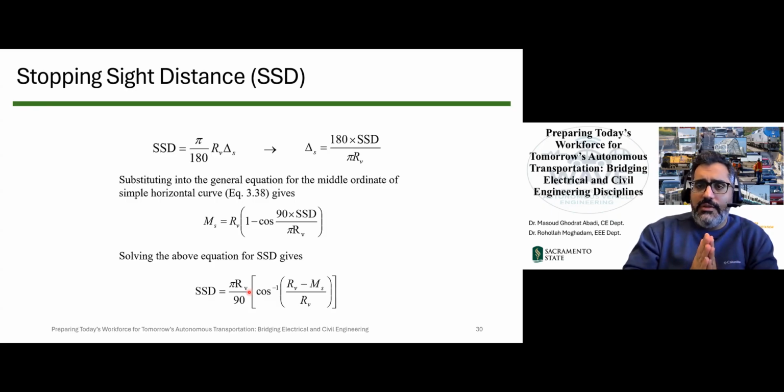This was also a very, very basic introductory level introduction to horizontal curves. There is much more left, but I hope that it will give you enough insights and enough idea that when you're thinking of autonomous vehicles and the different detection technologies, how it could relate to the geometric design.